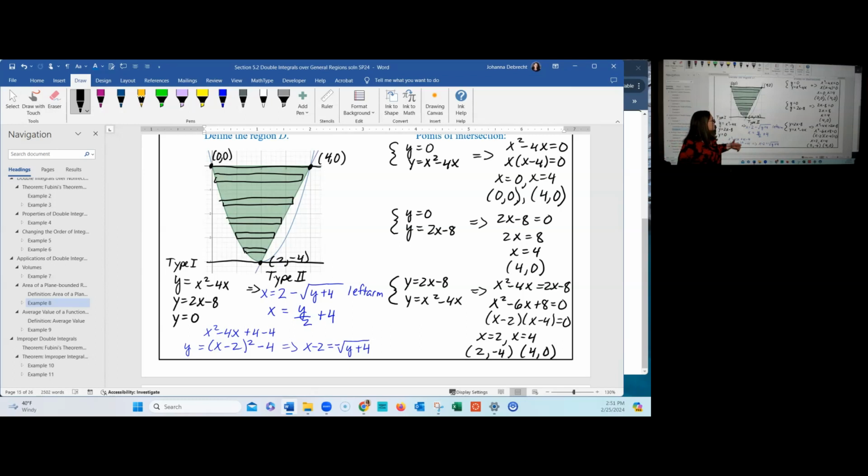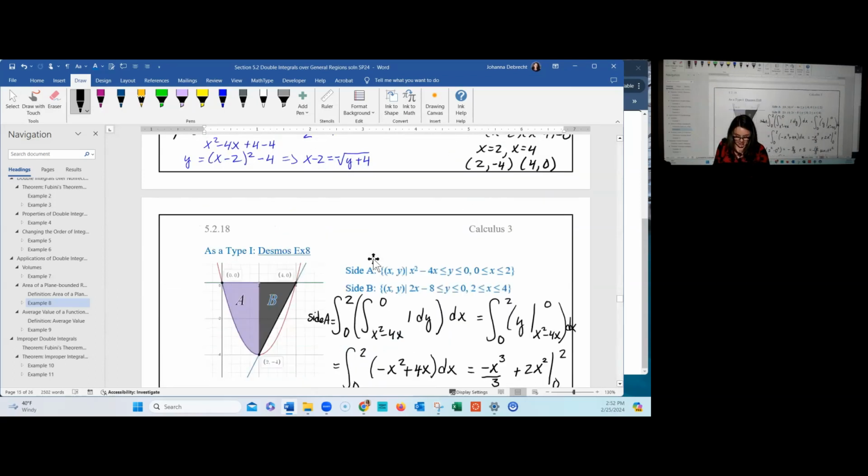The outer integral in this case is going to go from y equals -4 to y equals 0. The inside will be from, on the left, the parabola 2 minus the root of y plus 4, and on the right, we have the line. Let's go ahead and look at it as a type 2.